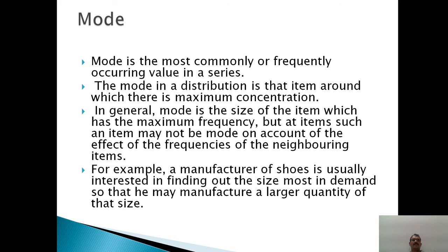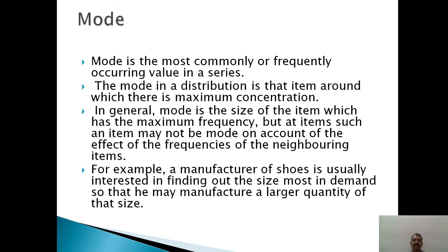Mode. Mode is the most commonly or frequently occurring value in a series. The mode in a distribution is that item around which there is maximum concentration. In general, mode is the size of the item which has the maximum frequency. But at times such an item may not be the mode on account of the effect of the frequencies of the neighboring items.